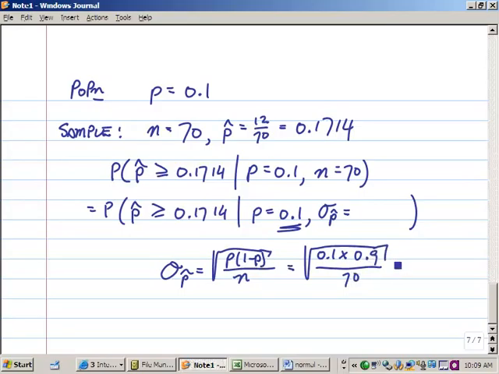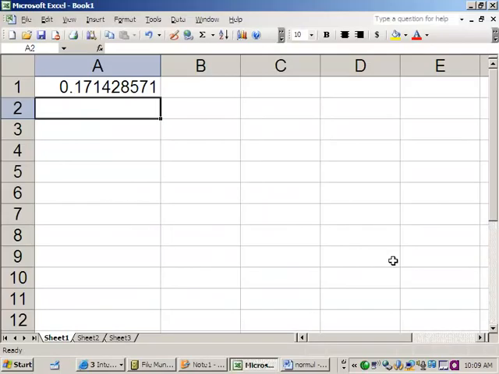Let's go to Excel and do that calculation. Equals square root of 0.1 times 0.9 divided by 70, and that is 0.03586.